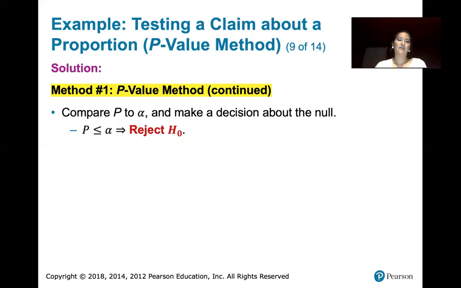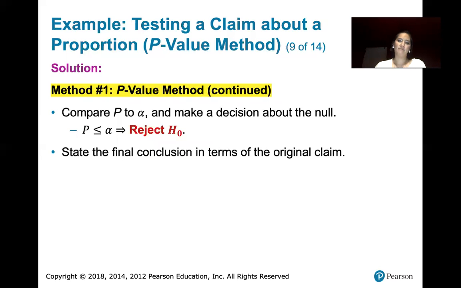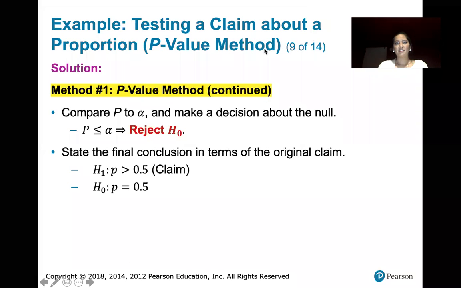And then we're going to say, okay, well, what does that mean about the original claim? So let's go back and look at the original claim. The original claim was that the proportion of medical malpractice lawsuits that are dismissed or dropped is greater than 50%. The null was that the proportion of medical malpractice lawsuits is equal to 50%, of course in decimal form. Now we're rejecting this null hypothesis.